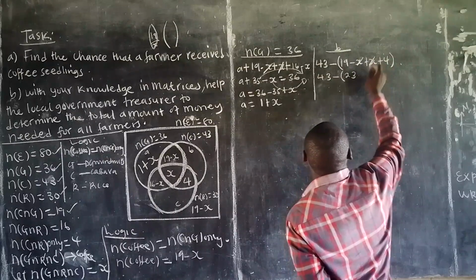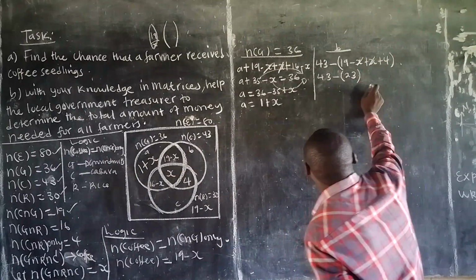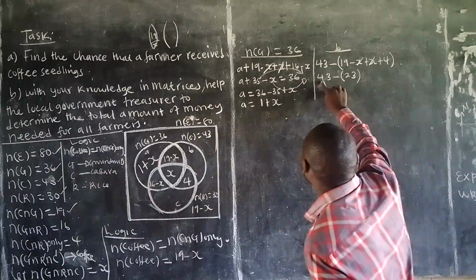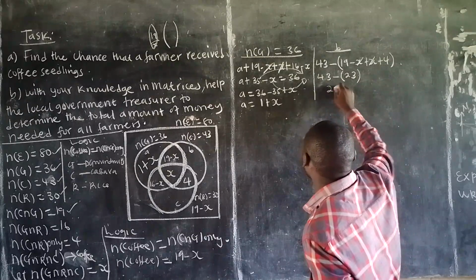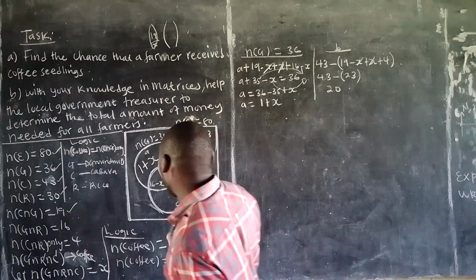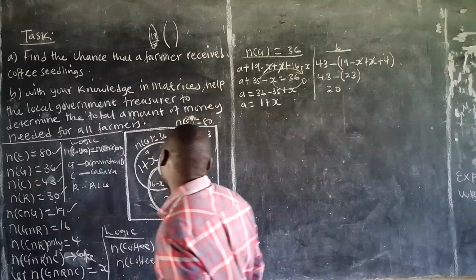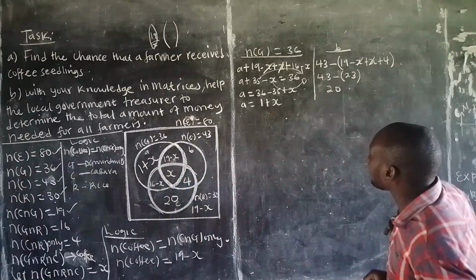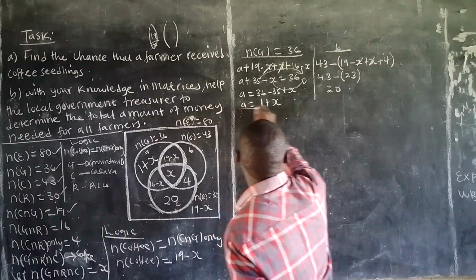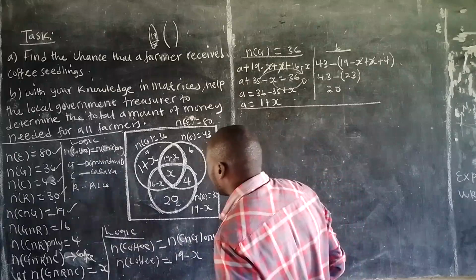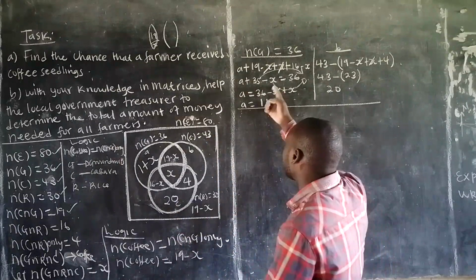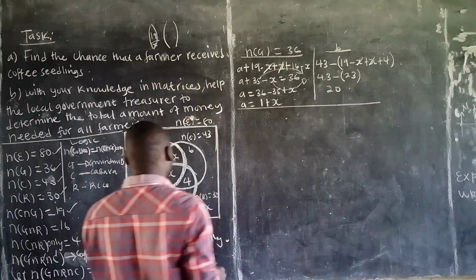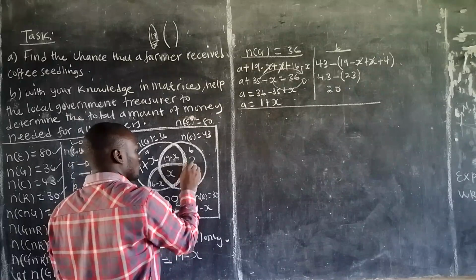The x's have gone away. Lucky we are, they're just remaining as 23. So 43 minus 23 will be just 20. Come and put it there: 20. Let us now conclude here. I'm also opting for the first method here.